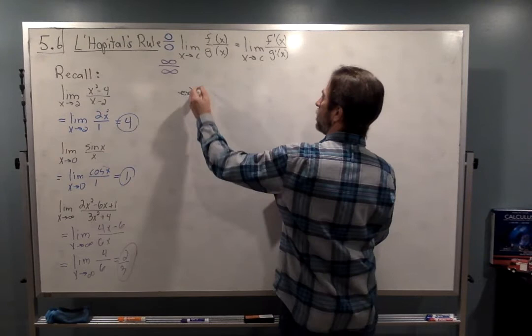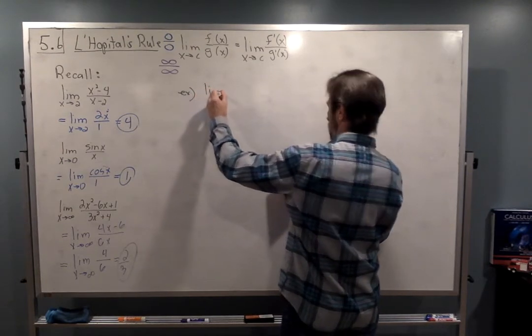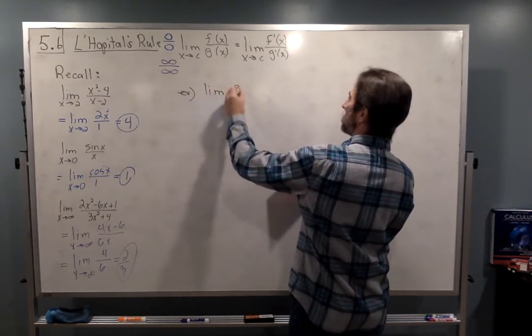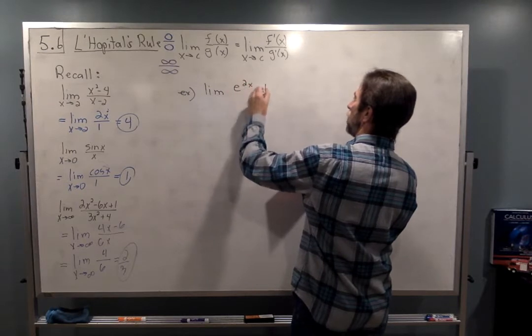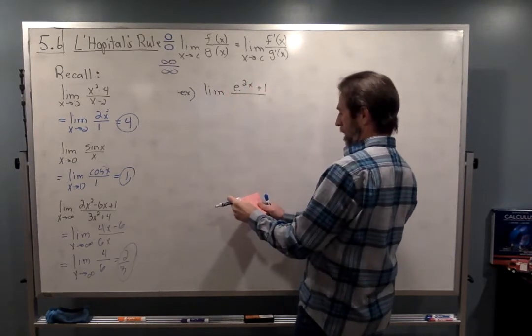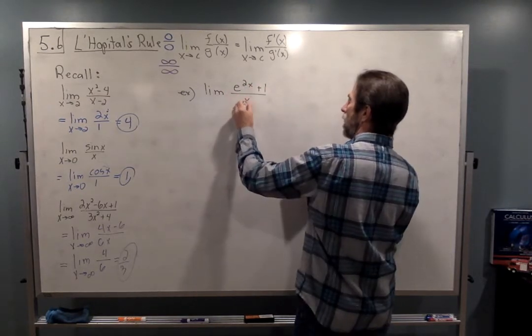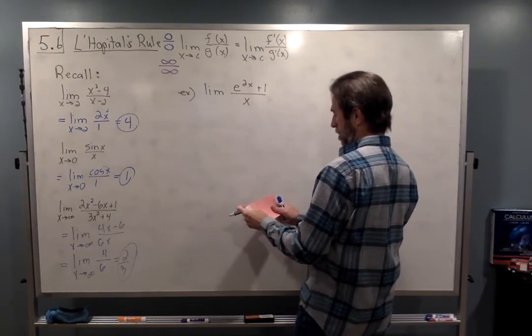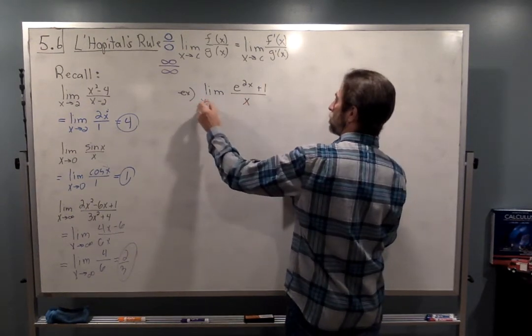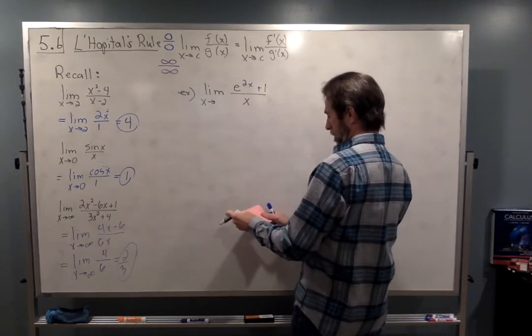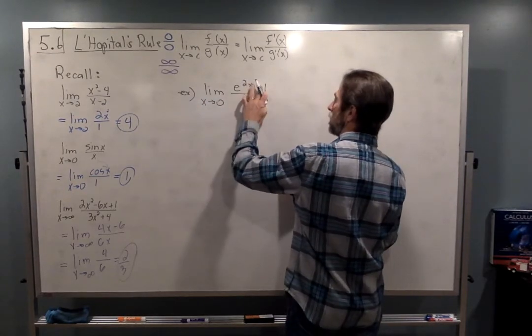Let's say we have the limit of e to the 2x minus 1, divided by x, as x goes to 0.